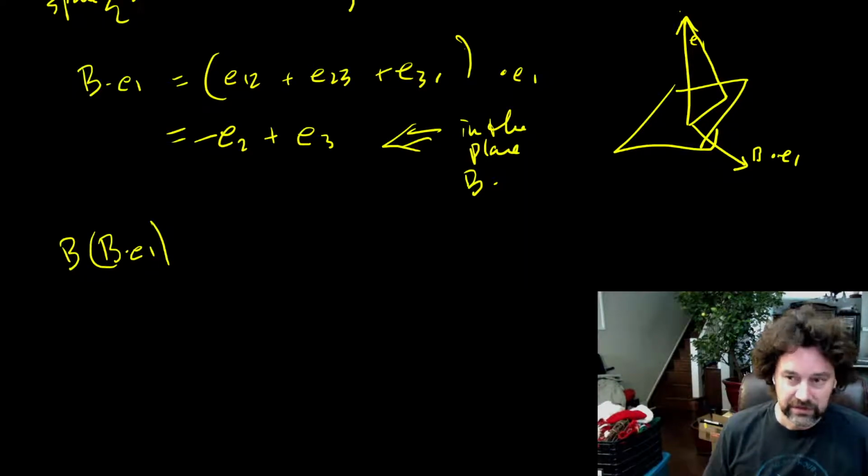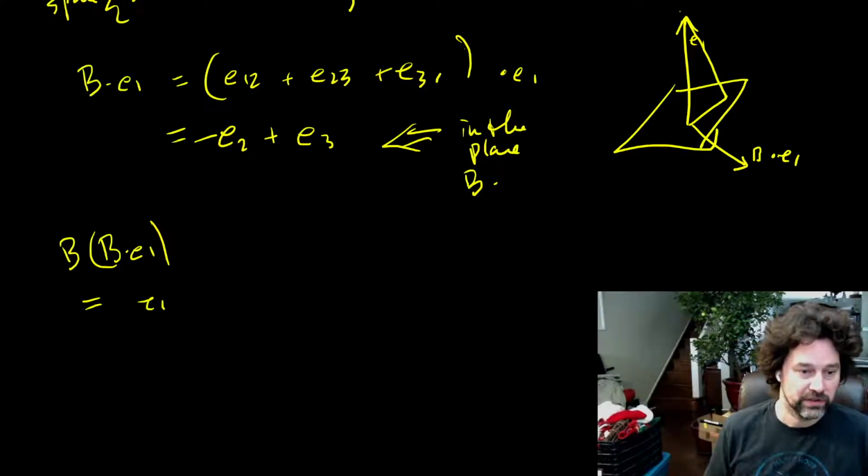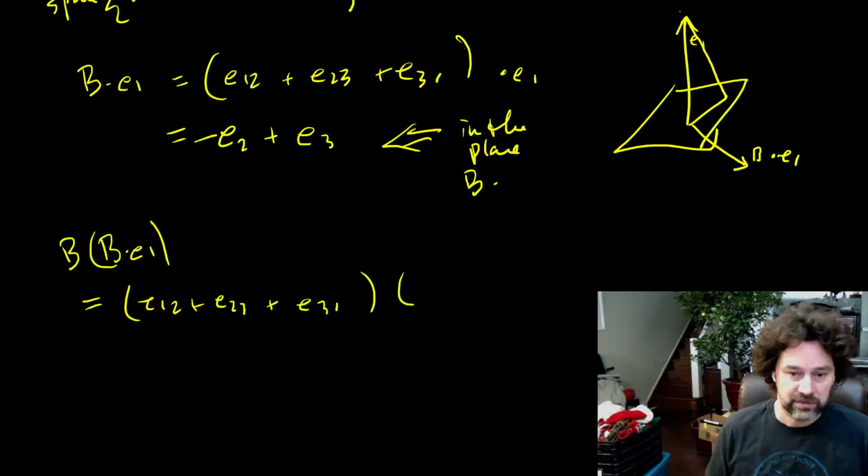And if we do that, we don't have to take a dot product this time, because b dot e1 lies in the plane, so it will have no trivector component if we multiply b dot e1 times b. So that's e12 plus e23 plus e31 times minus e2 plus e3.